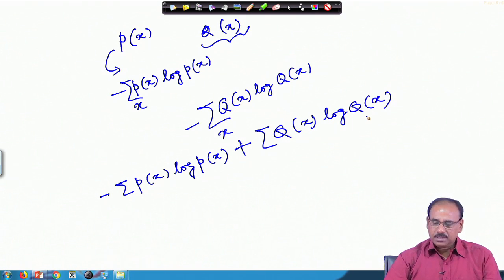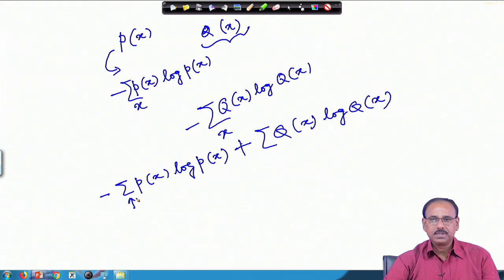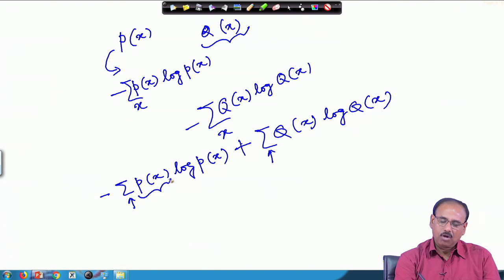Now, in KL divergence, what are these two components? This is nothing but the expectation value of log of p of x, where the expectation is taken with respect to p of x. This is the expectation value of log of q of x, where the expectation is taken with respect to q of x. Now, in KL divergence, this expectation of log of p of x is taken with respect to q of x.